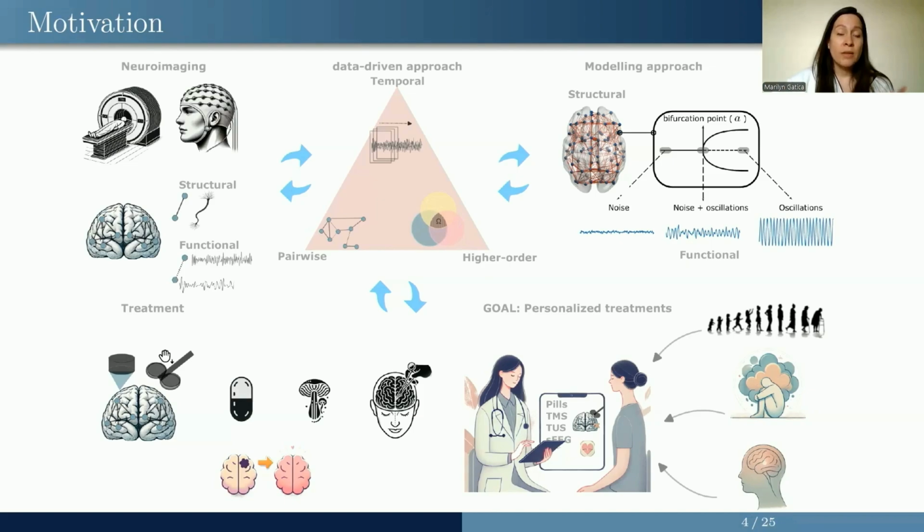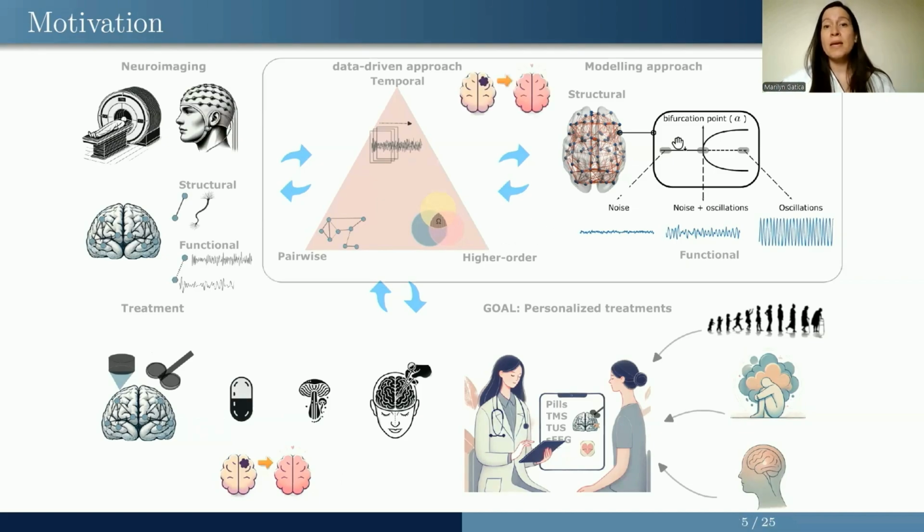So at this stage, we can think, for example, in non-invasive techniques as the focused ultrasound stimulation, transcranial magnetic stimulation, pills, psychedelics, or invasive techniques. And with this, we are trying to move then the brain from a perturbation state to a control or a healthy one. And during this talk, we will be focused mainly in this part here.